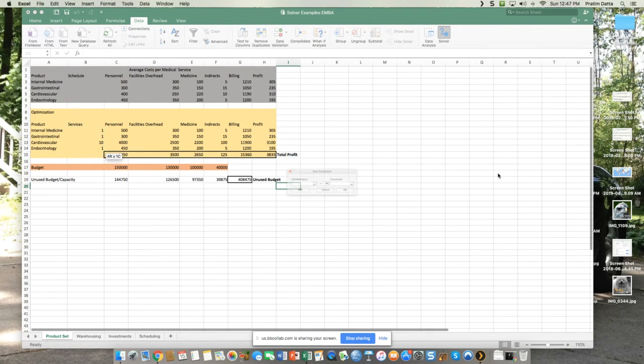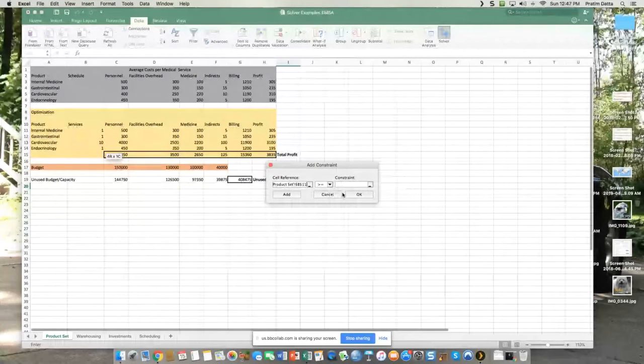And what are the constraints? Firstly, the constraints are as follows. The services ought to be integers. Secondly, the services that we offer ought to be greater than or equal to 0. Third, every time we're offering a service, your costs change.